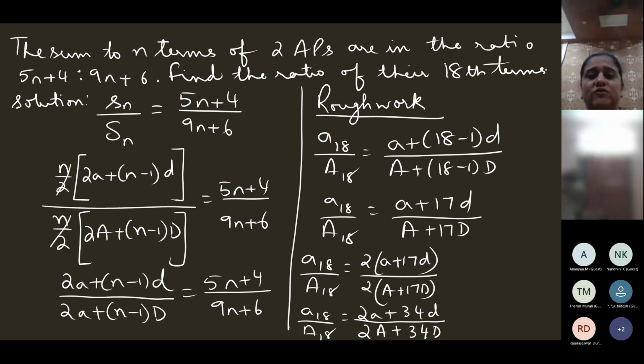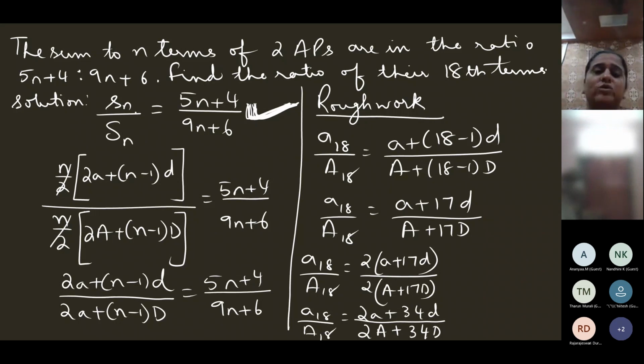The sum to n terms of two APs are in the ratio 5n plus 4 is to 9n plus 6. Sum to n terms ratio. So Sn by Sn is equal to 5n plus 4 by 9n plus 6. Is this understood, children? The first equation, this one. Please say yes or no. Yes. Okay.